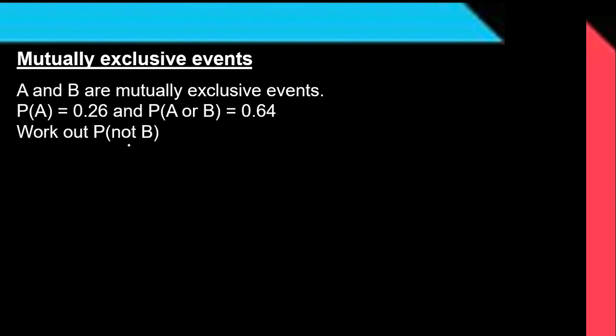The question wants us to work out the probability of it not landing on B. So I need to work out what the probability of landing on B is going to be. Well, I know the probability of A or B is the probability of A plus the probability of B because it's told me that they're mutually exclusive.